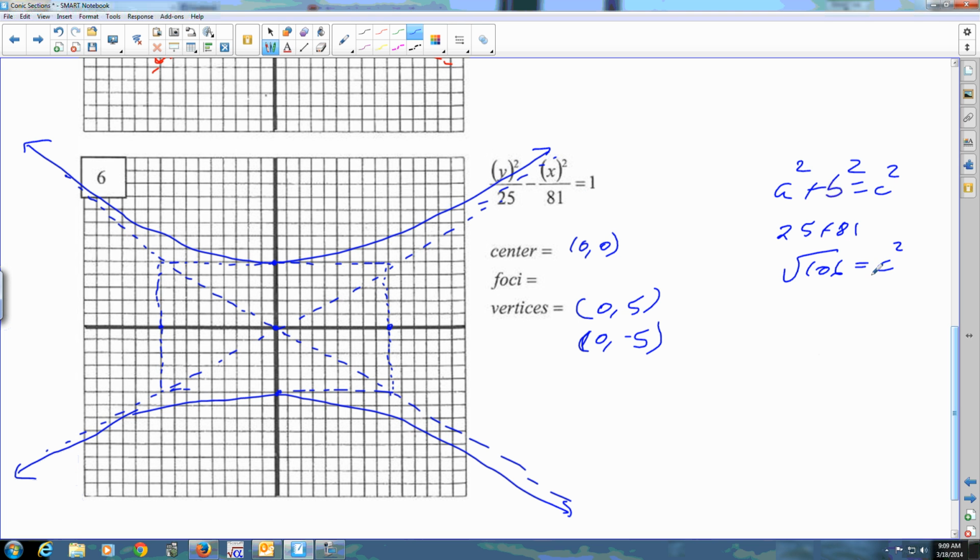So the square root of that, square root of 106, up and down. So 0, plus or minus the square root of 106.